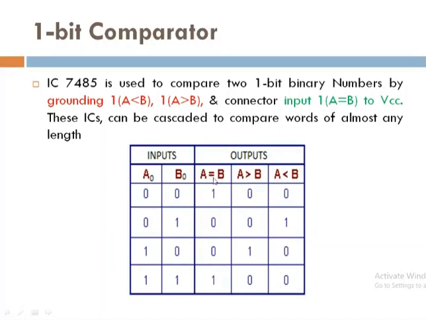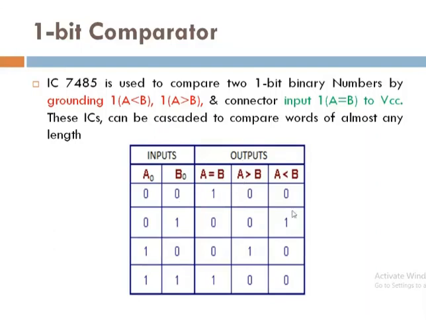So here I consider A is equal to B, A is greater than B, or A is less than B. Now consider the first case, A is 0 and B is 0. So which output line will be high?